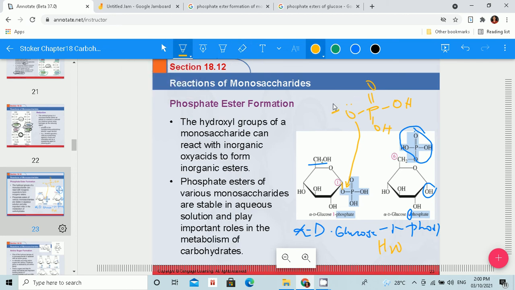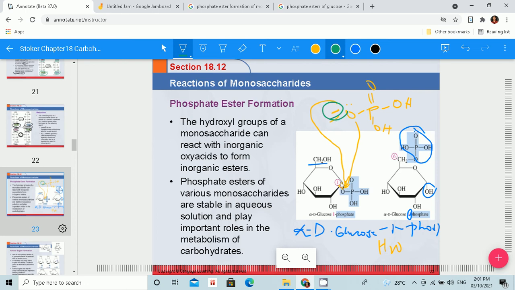When it's negative, it's very reactive, and that's why it reacts here. So it reacts with our glucose, forming one molecule. This one is 1 molecule and our glucose is 1 molecule. But it happened that our phosphate ion is very unstable. It's very reactive because it's negative, and then it tries to attack the carbon 1.